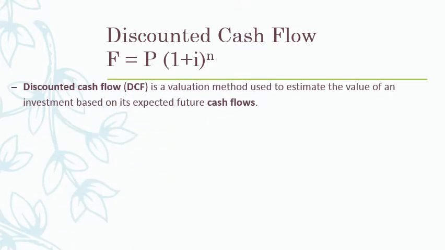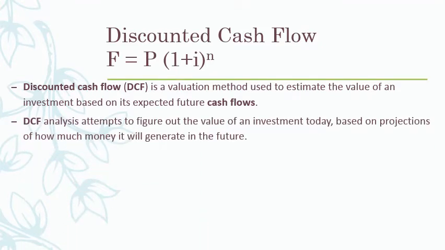Discounted cash flow is a valuation method used to estimate the value of an investment based on its expected future cash flows. Can we really predict what would be the purchasing power of a currency after 5 years? It's very difficult to predict. So discounted cash flow will help me to predict that future cash flow.